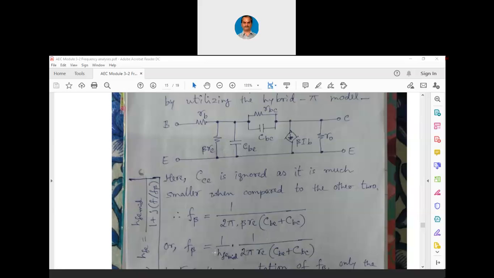That beta we will take this side. Instead of beta, we will write it as HFE mid itself, because HFE mid is given by the manufacturer. So we can separate this beta, write it as HFE mid, and write it as 1 over 2 pi into RE into CBE plus CBC. So if you know this small RE, CBE and CBC, you can find out f beta.